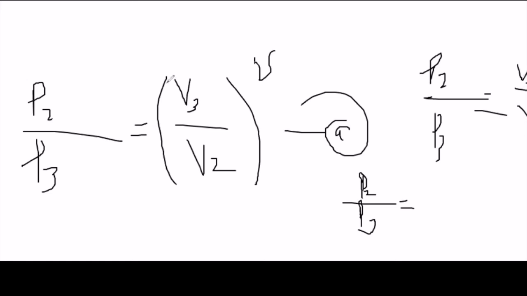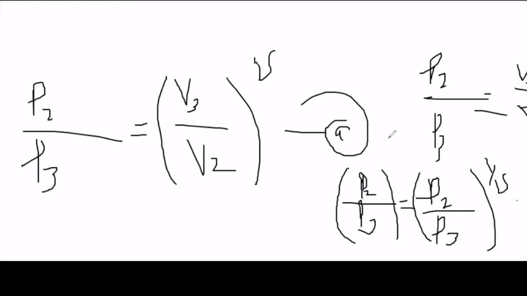For V3 by V2 what we have, there I substitute P2 by P3 to the power of 1 by gamma into T2 by T3. This is T2 by T3. So in this way, now this whole power is 1.